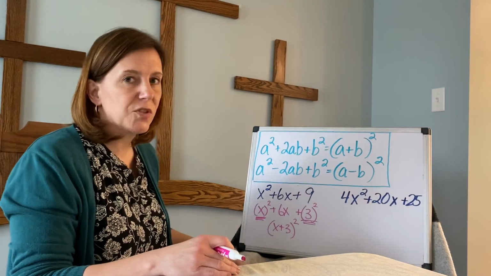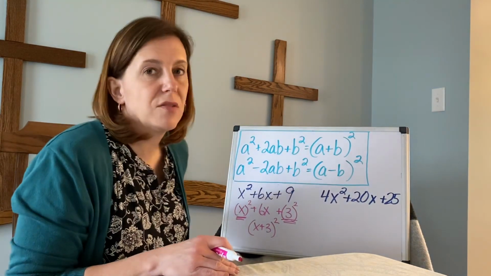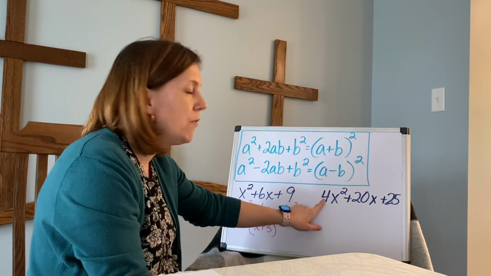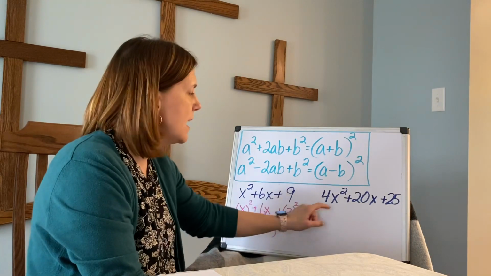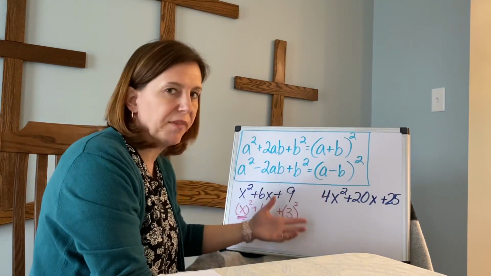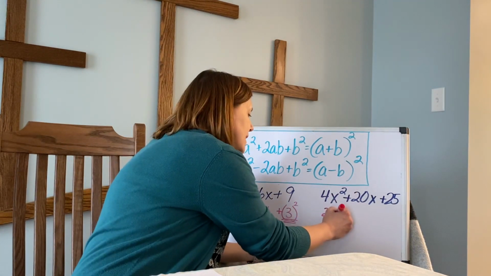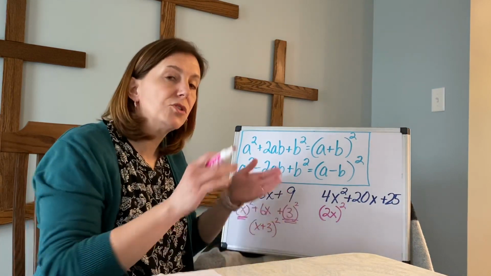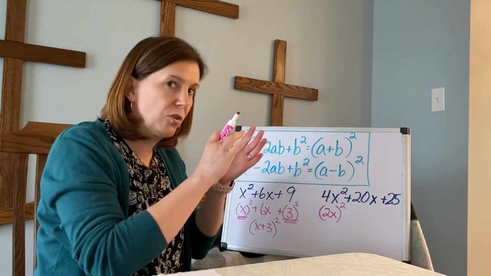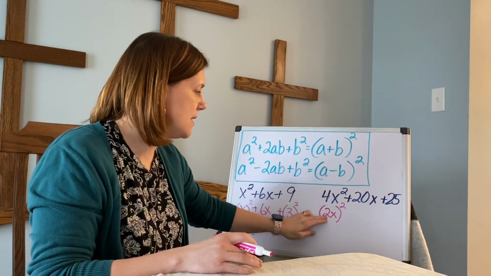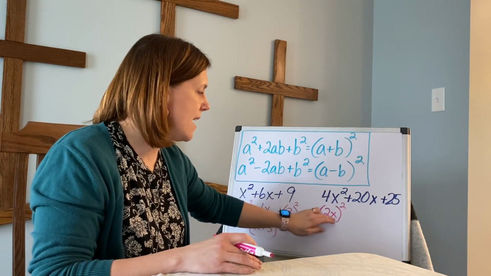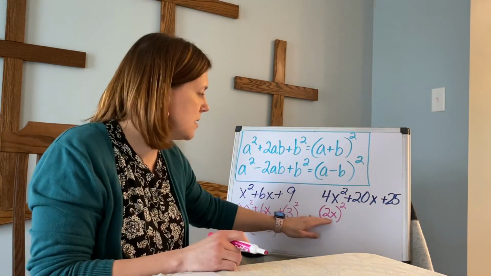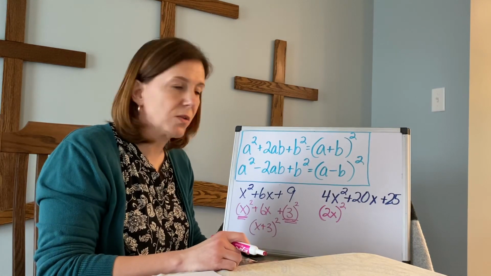Okay, let's look at this next one. Because while the pattern is still there, it might be a little bit harder to see. So if I look at this, I know 4 is a perfect square, and I know x squared is a perfect square. So I would write that like this. 4x squared is 2x quantity squared. Because if I squared this, I would get 2 squared x squared, which is 4x squared. So if I think backwards through my power rules, 2x is what's being squared there.